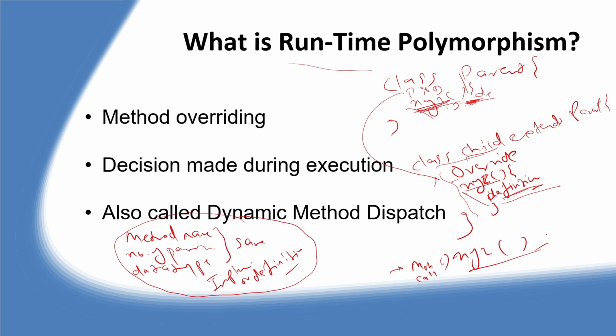If you remember, for overloading, based on the number of parameters or the data type or both, the method call was linking to the method definition. But in this case, everything is the same. Method name is the same, signature is the same, only the definition is different. So let's say we have one class called Person.